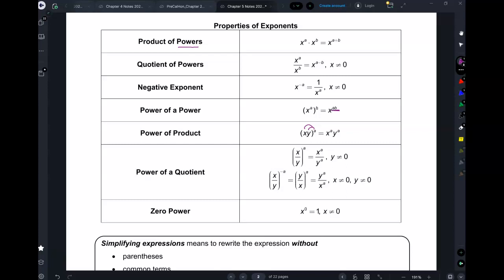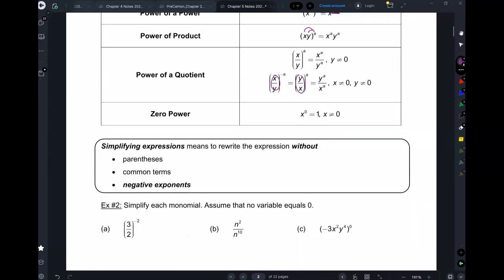But if you have x over y to the power of negative a, the negative exponent means reciprocal. So this becomes the reciprocal, then it'll be y to the a over x to the a. What's reciprocal? Okay? And then anything to the power of 0 is 1. Okay? All right.